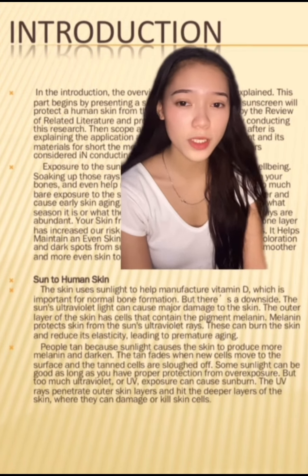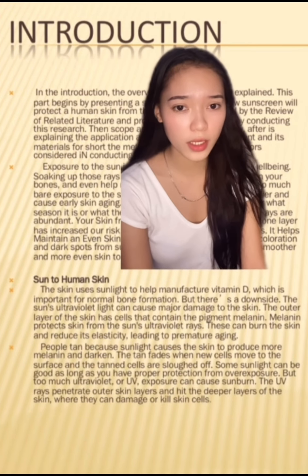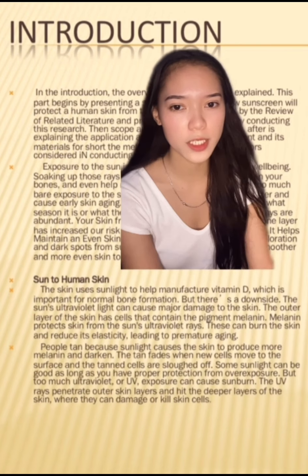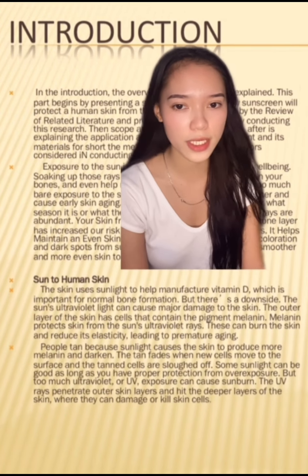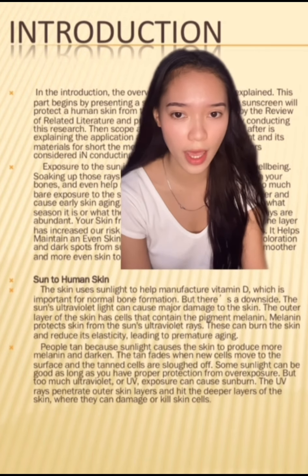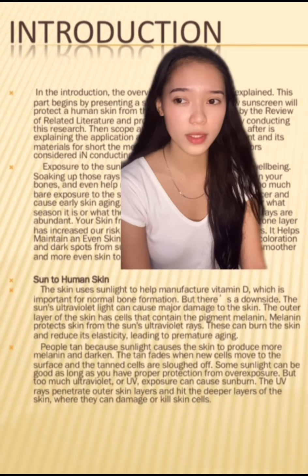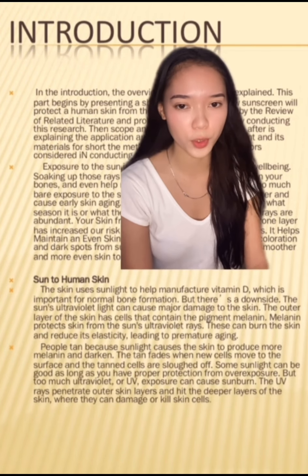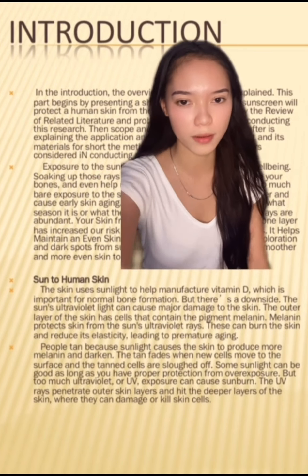But too much ultraviolet ray exposure can cause sunburn and itchiness. The UV rays penetrate outer skin layers and hit the deeper layers of the skin, where they can damage or kill cells. That's why people use sunscreen with SPF and broad spectrum to protect and care for their skin.